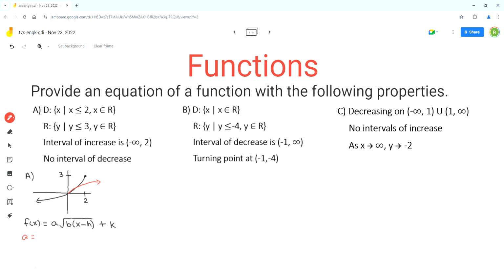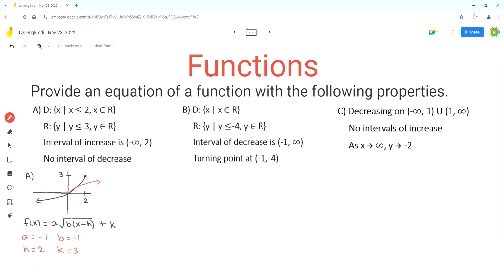So a value can be equal to -1, b can be equal to -1, h is equal to 2 because there is a horizontal translation 2 units to the right side, and k is equal to 3 because there is a vertical translation 3 units up.